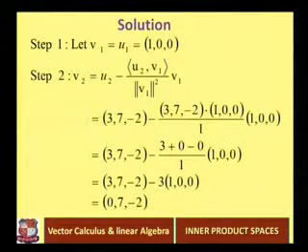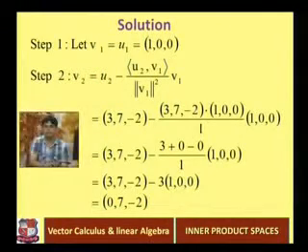For that, step 1, let v1 equal u1, that is nothing but (1, 0, 0), so we have v1 = (1, 0, 0). Now for v2 and v3, go to step 2. v2 equals u2 minus the inner product of u2 and v1 upon the norm of v1 squared, times v1.